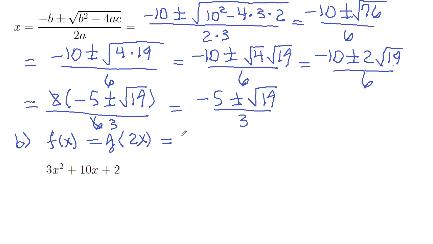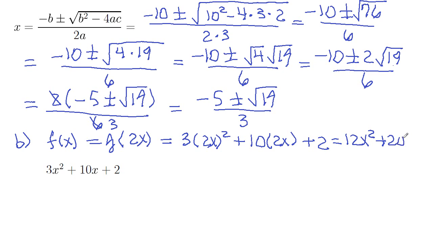So this is going to be 3 times 2x quantity squared plus 10 times 2x plus 2. And then we can do some simplifying there. 2x times 2x is 4x squared, times 3, 12x squared. 10 times 2, 20, 20x. And then plus 2. So that's our new function, and then we want the roots of that.